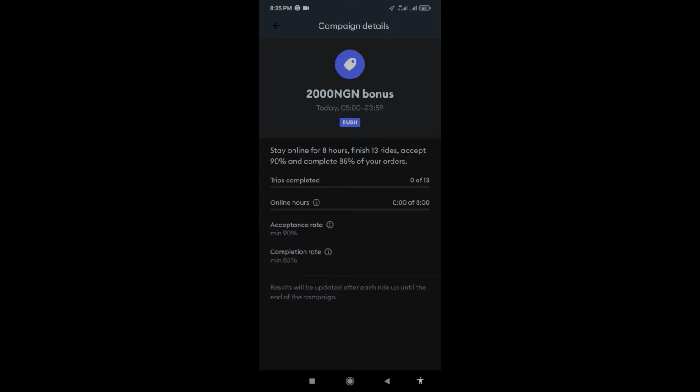On the basis of bonuses and campaigns, you have more of that on both. Both could just literally come and be like, "Yay, you can get 1,500 today or 2,000, provided you complete, say, 9 trips, and then you are online for at least 8 hours, 7 hours, 6 hours."